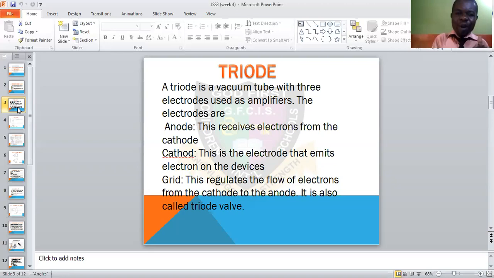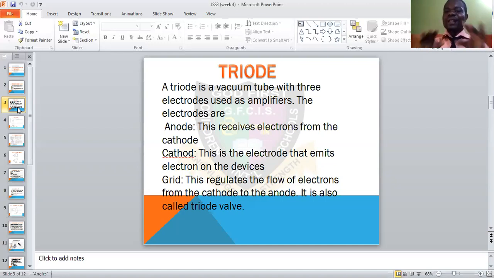The parts of the triode, just like the diode, are a bit similar. We have the anode, just like the diode, like we discussed, it receives the electron from the cathode. Then the cathode is the one that emits the electron on the device. Then there's another part called the grid.